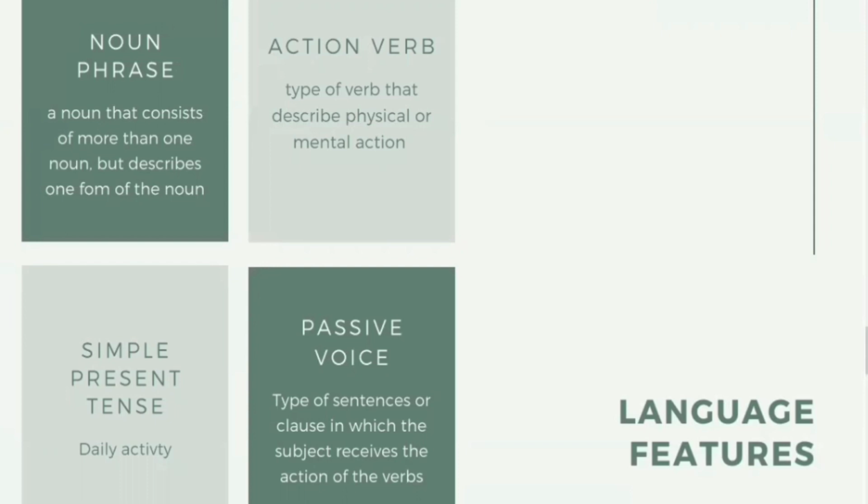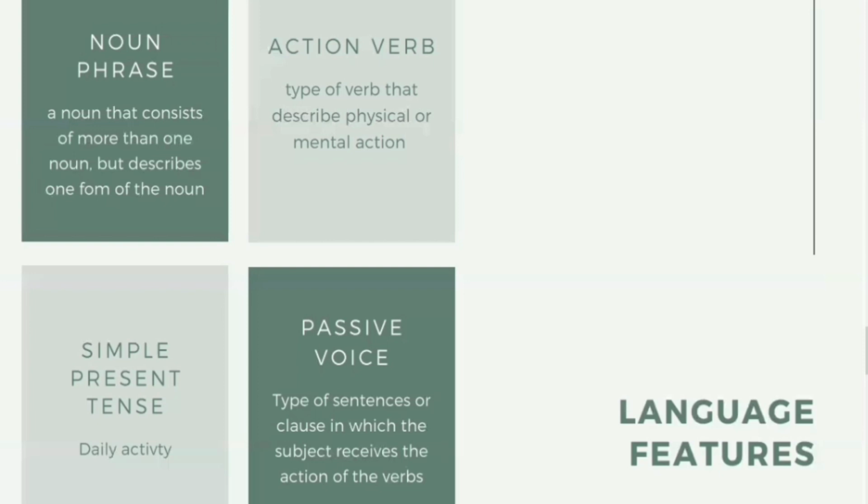Next, we continue to the action verb. An action verb is a type of verb that describes a physical or mental action, like run, walk, see, eat, speak. That is the action verb.